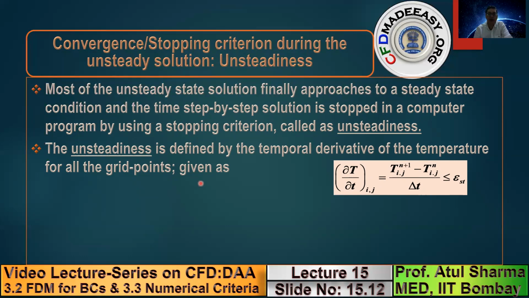So instead of the temperature difference between the two pictures, a more strict criterion to check the steady state condition is the temperature gradient with respect to time.